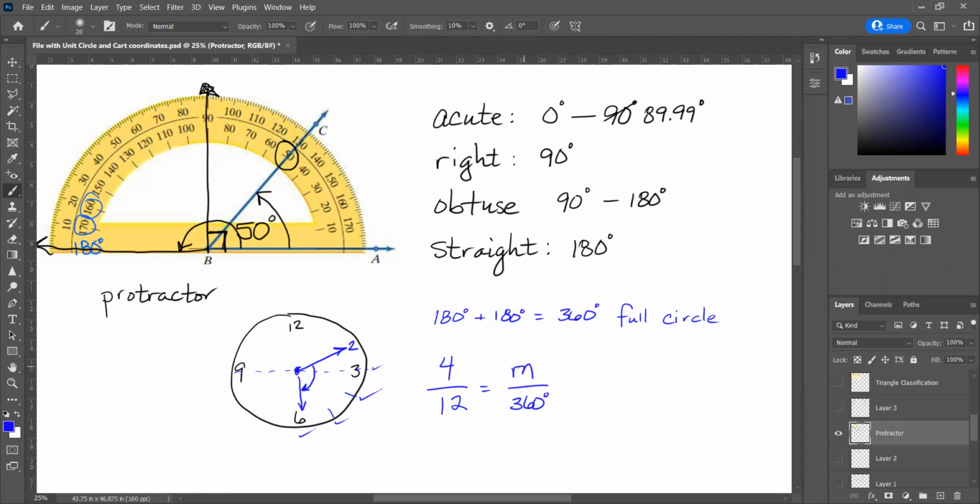And so now we've got this proportion. We're comparing the size of the smaller angle to the full circle, just like we are with time. And so now what do we do with a proportion? We can cross multiply. So I could say 12 times m is 12m, and that equals 4 times 360.